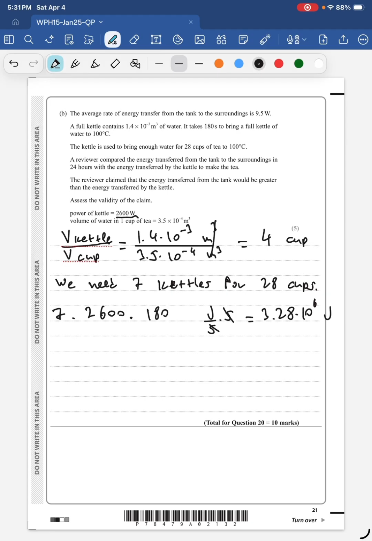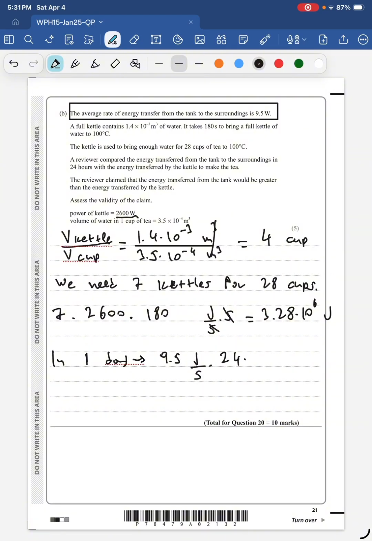Now, this was a kettle. For the average rate of energy transfer from the tank to the surroundings, we will use a different reasoning. So in one day, 9.5 watts are lost. So let's say 9.5 joules per second, which is 1 watt. But then one day has 24 hours, an hour has 60 minutes, and a minute has 60 seconds, so the seconds again go away.